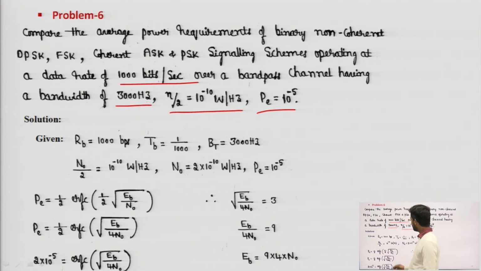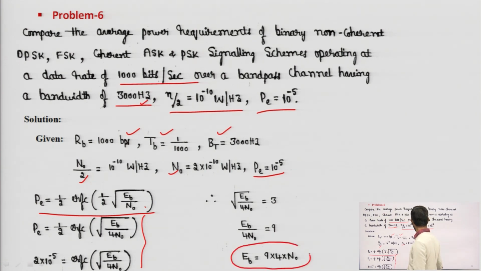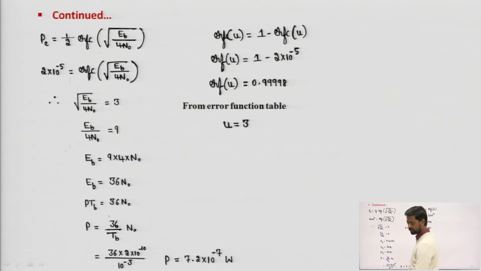So RB is given, TB I got, BT, that is the bandwidth, is given, N naught by 2 is given, so I got N naught, and P is given. So the probability of error for BPSK is this much. After doing this, I got EB equal to 9 times 4 times N naught.